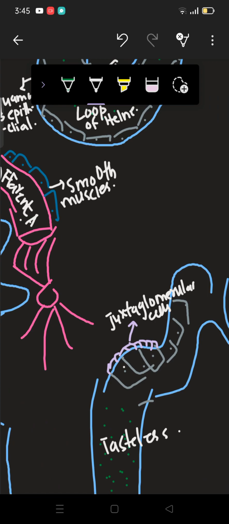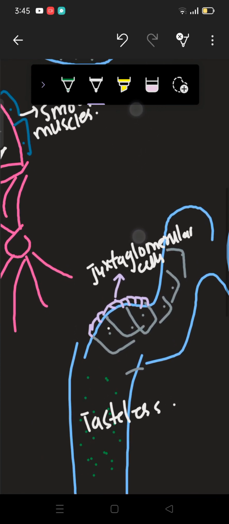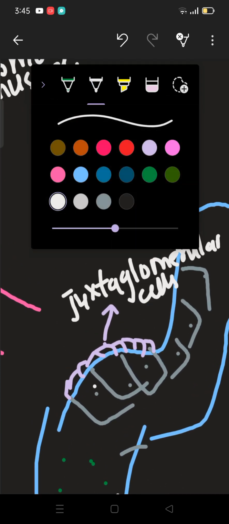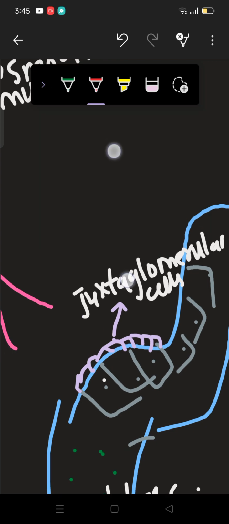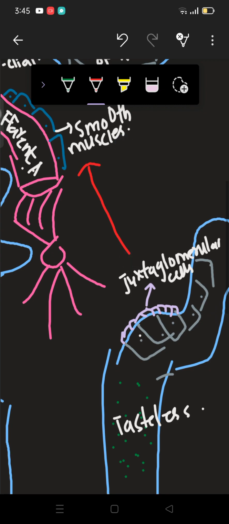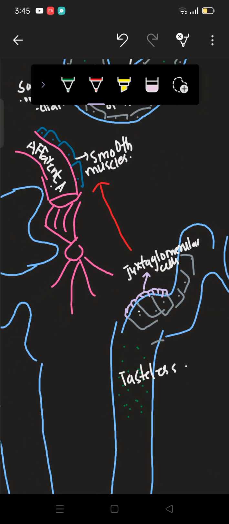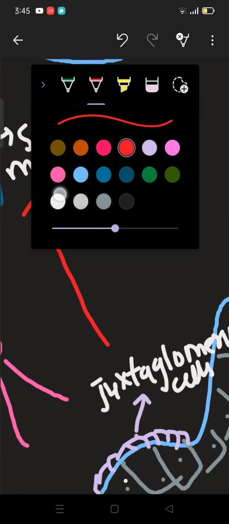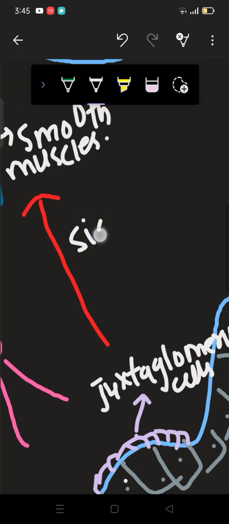Alright, so juxtaglomerular cells will give signal to the smooth muscles, because they are very near to each other. It will give signal that the fluid is testless.